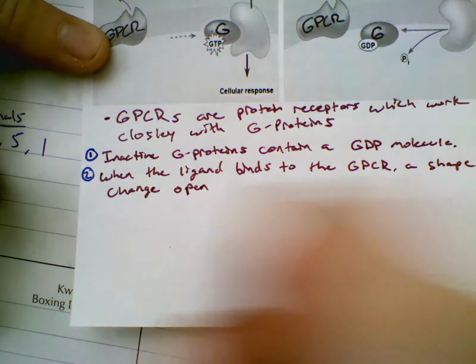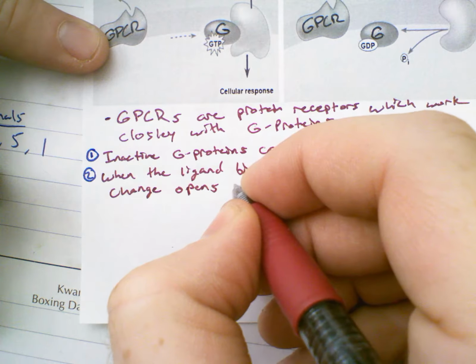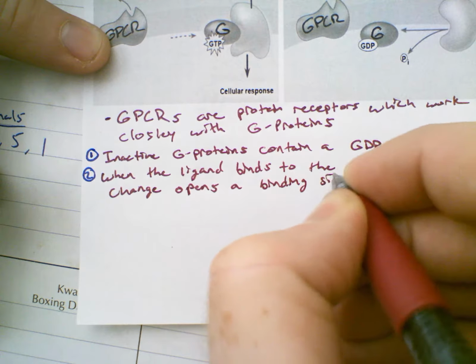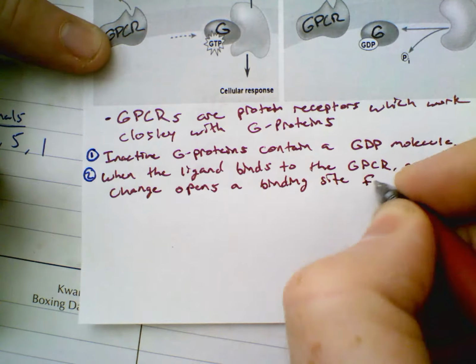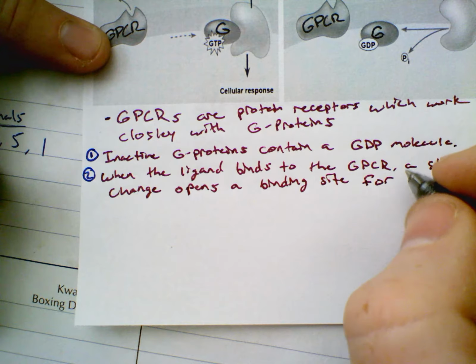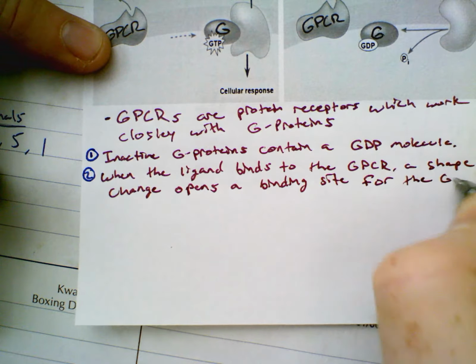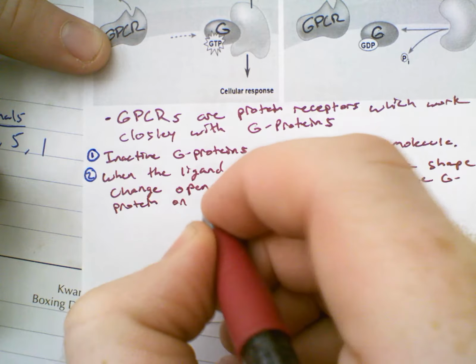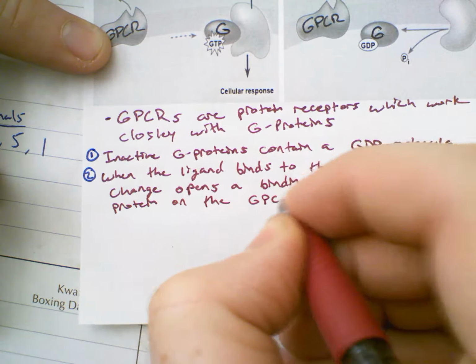So a shape change opens a binding site for the G protein on the GPCR.